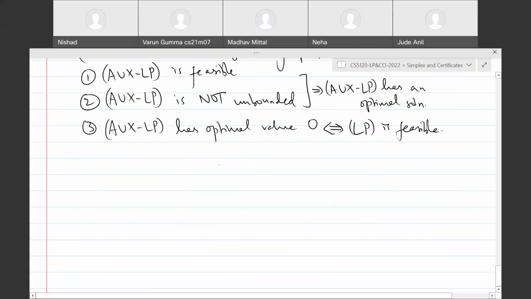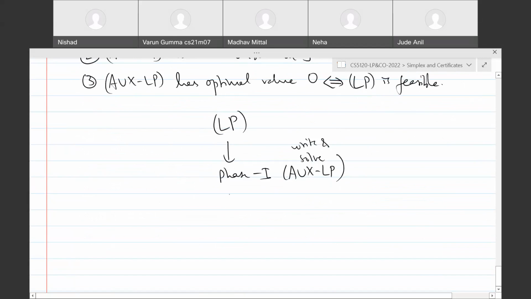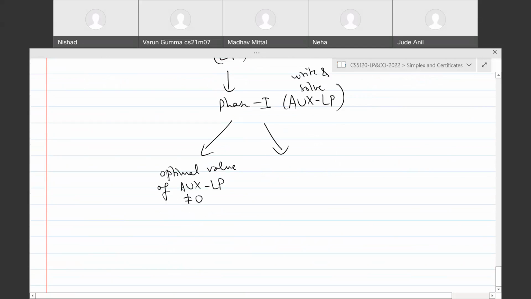Right? So you're given an LP, you go through phase 1, in which you write down this auxiliary LP and you solve it. And if the optimal value of the auxiliary LP is not equal to 0, in this case, you conclude that the original linear program is infeasible.